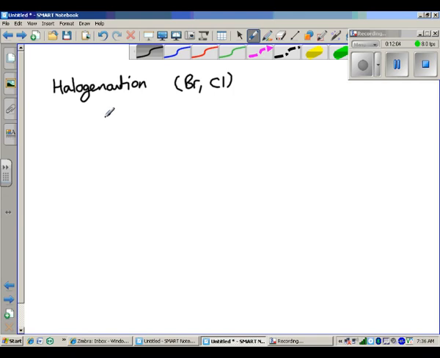So the first thing that's going to happen is, well, let's just look at the overall reaction, because we need to know what our catalyst is, because we were looking at it before. So we're adding our Br2, and we get this substitution reaction, but only in the presence of a catalyst such as FeBr3.